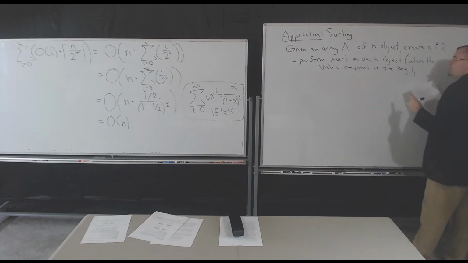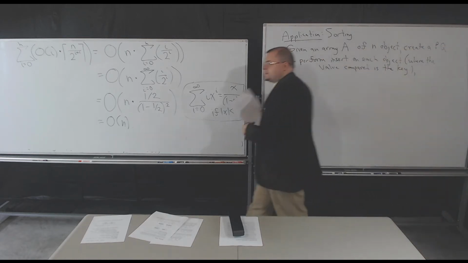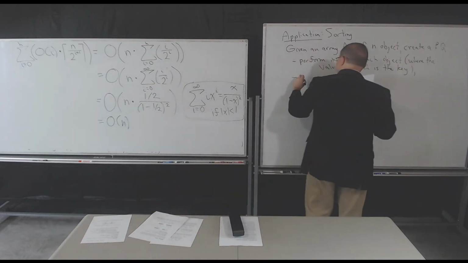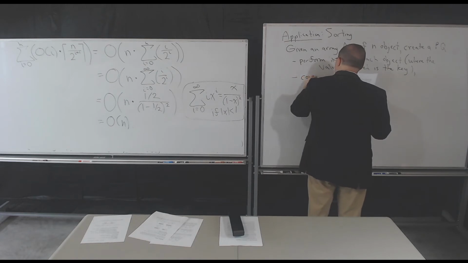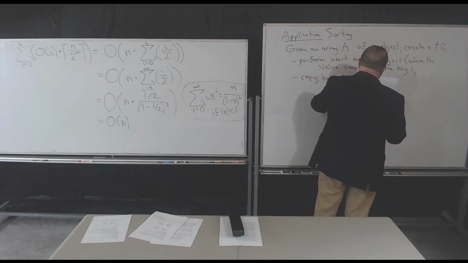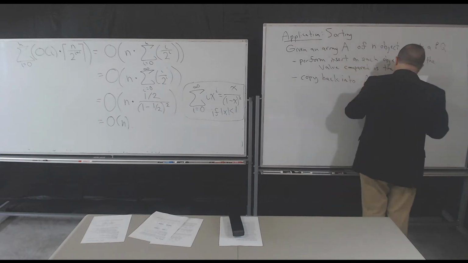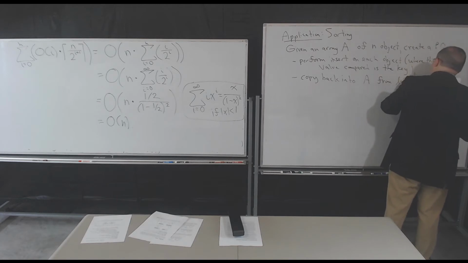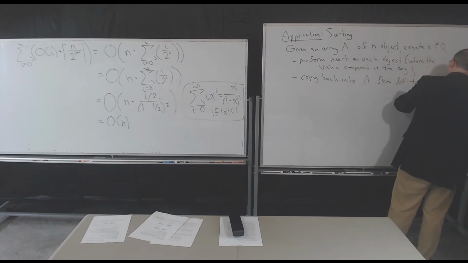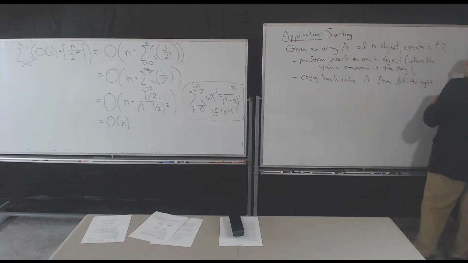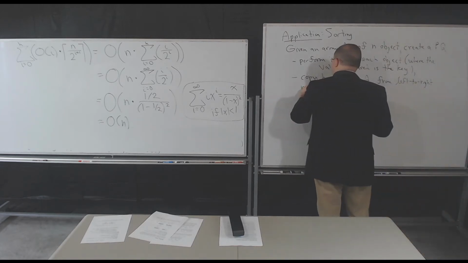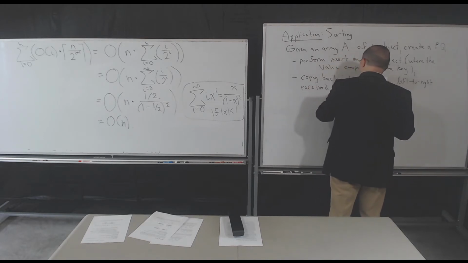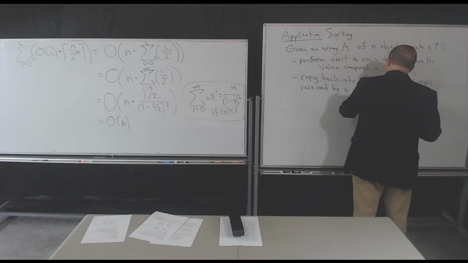So what do you do after you do these insertions into the priority queue? You just use remove min, right? You're just going to copy back into A from left to right, each one received by a remove min call.